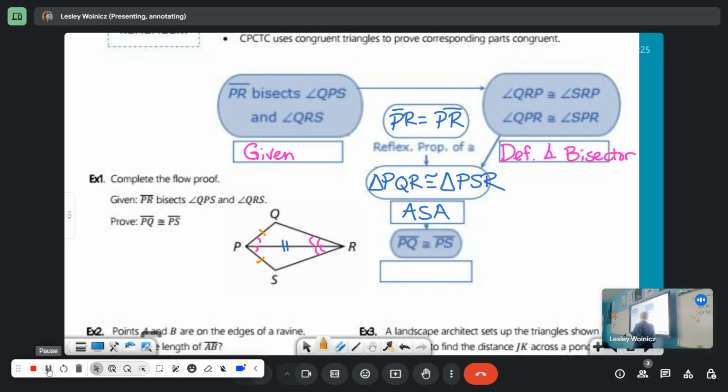The abbreviation for that is corresponding parts of congruent triangles are congruent, CPCTC. I can't say the letters in the right order unless I'm actually looking at the letters. I have to write out the whole word in my head. Questions?